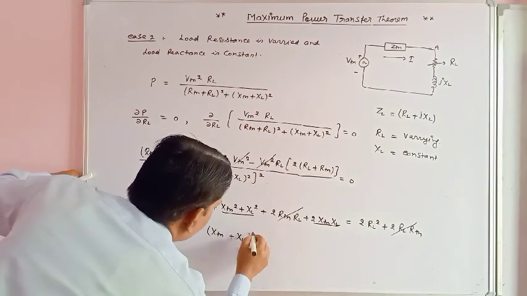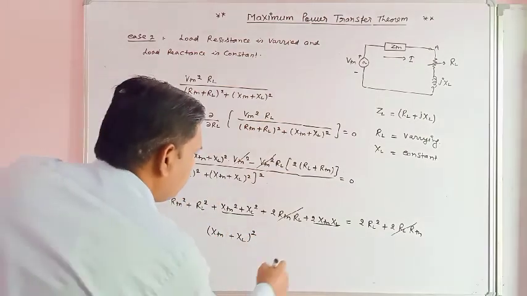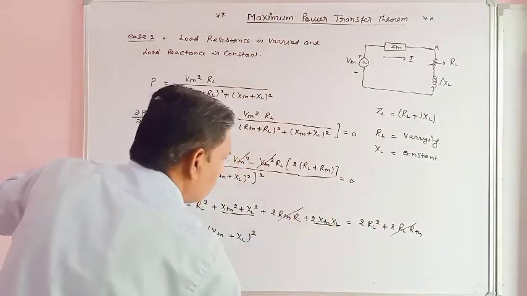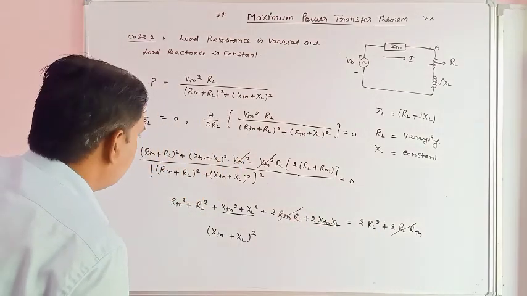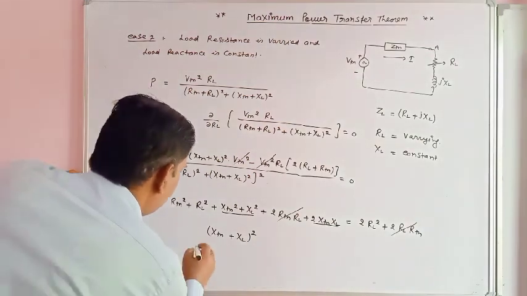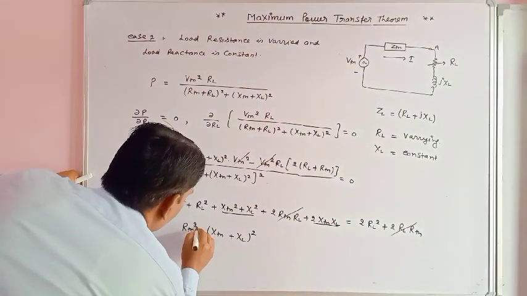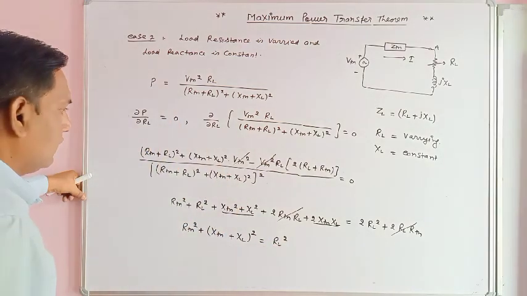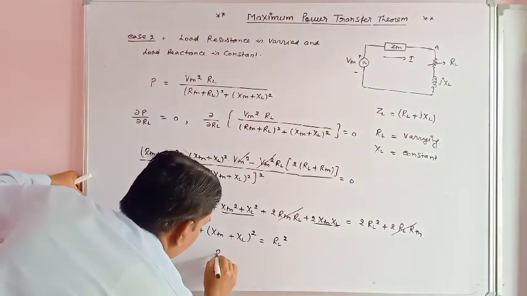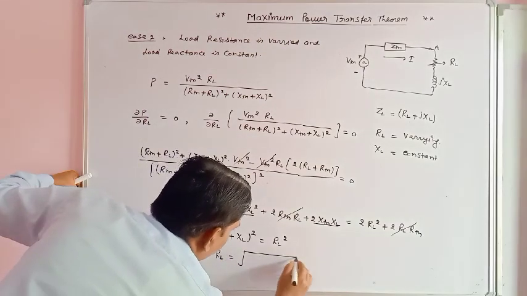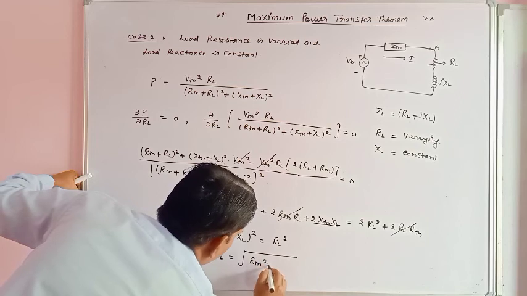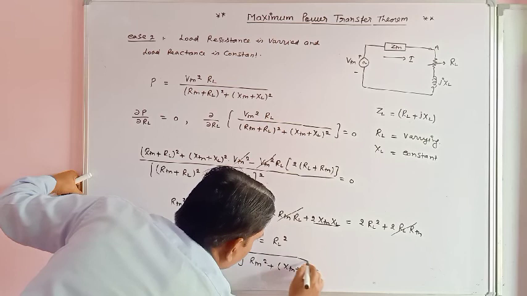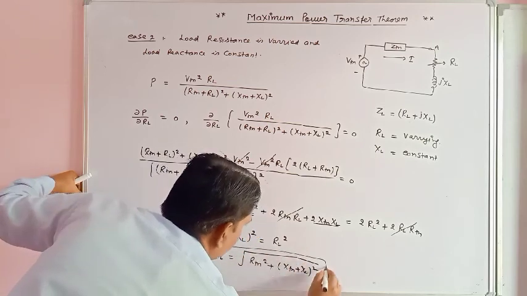Then these terms: 2 RL square minus RL square is RL square, and plus RTH square is equal to RL square. So from here we can calculate RL is equal to under root of RTH square plus XTH plus XL whole square. So this is the condition for load resistance.